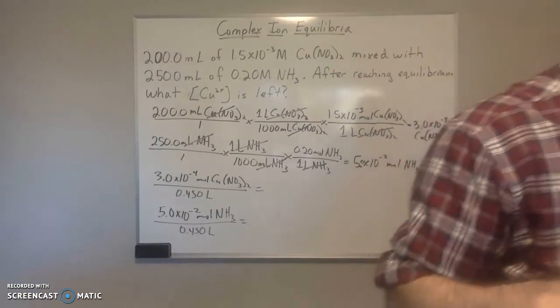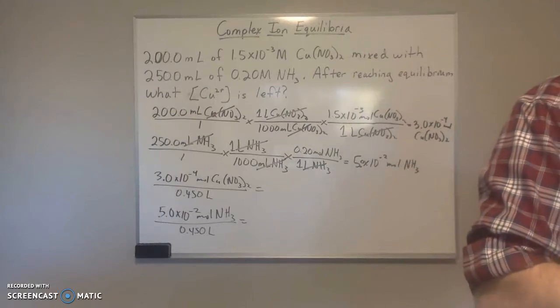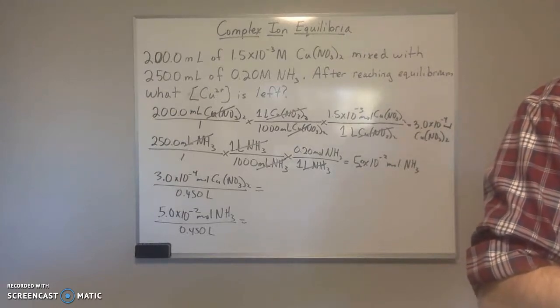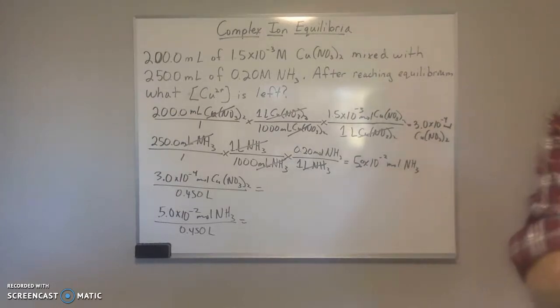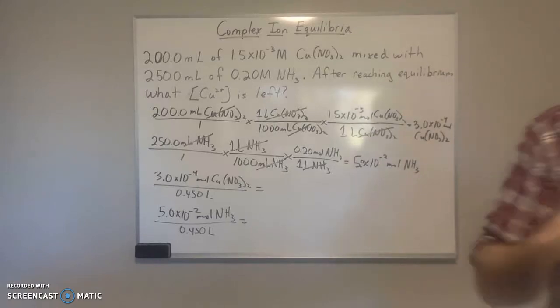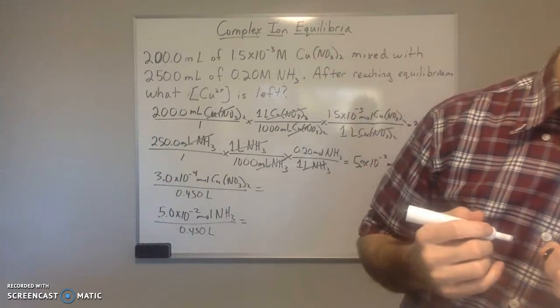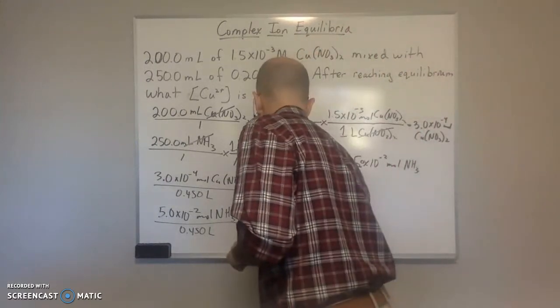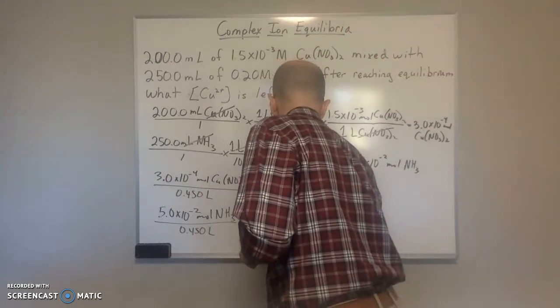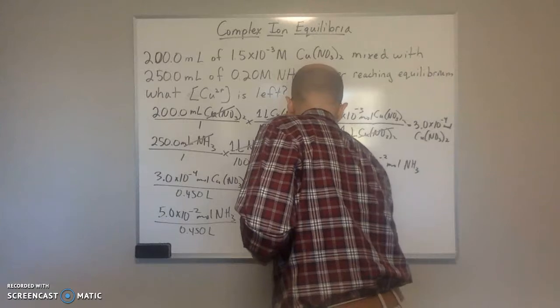for the copper concentration, we're going to get 6.7 times 10 to the negative 4 molar. Let me check that again. 6.7 times 10 to the negative 4 molar.